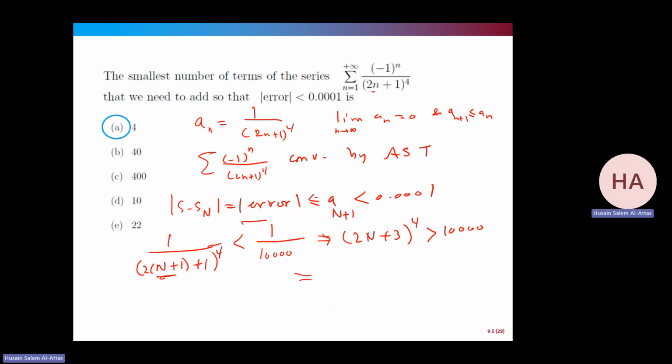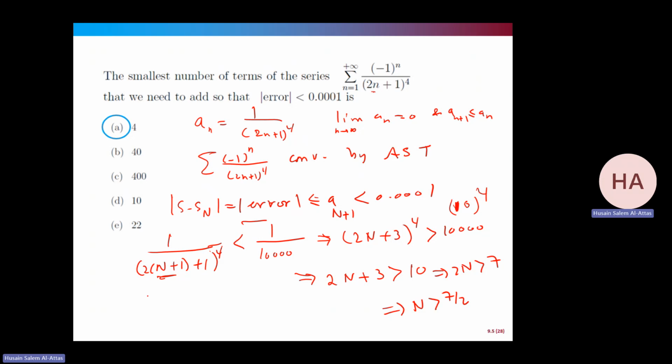So I want 2N plus 3 to be greater than what? 10,000 is 10 to the power 4, so the fourth root of this will be 10. So I mean 2 capital N greater than 7. So capital N greater than 7 over 2.